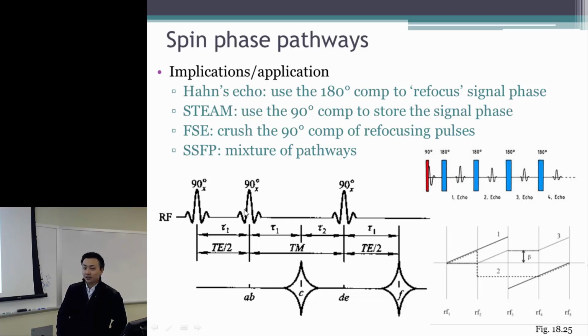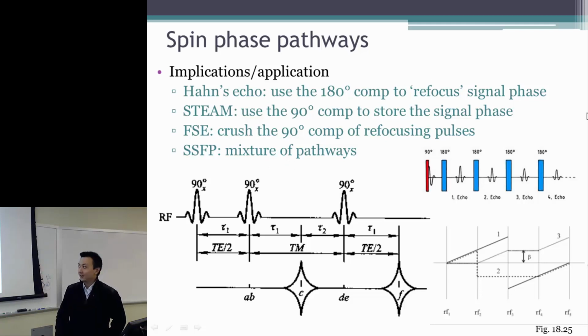Although it is not a 180-degree pulse here, it still has a 180-degree component. If we do this analysis using just a single magnetization vector, you cannot get an echo here, but in fact it does get an echo, because even the 90-degree RF pulse has an effective 180-degree component according to that analysis.